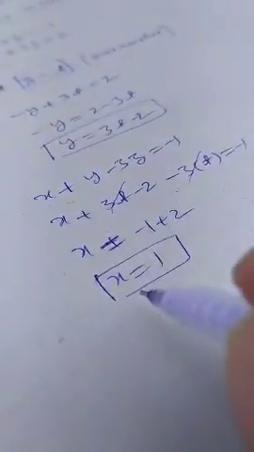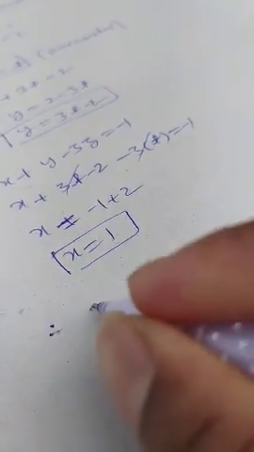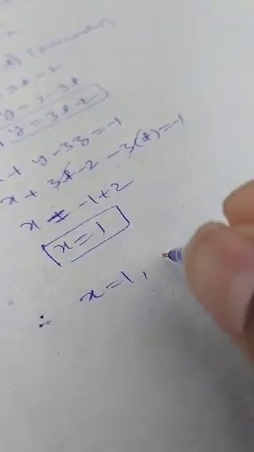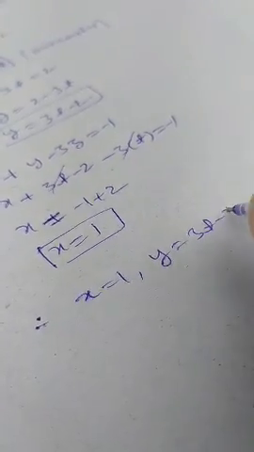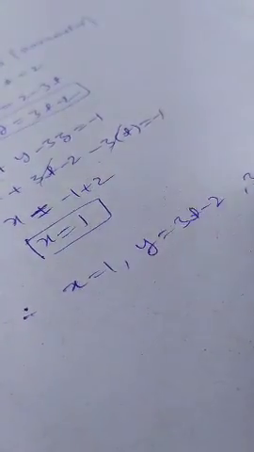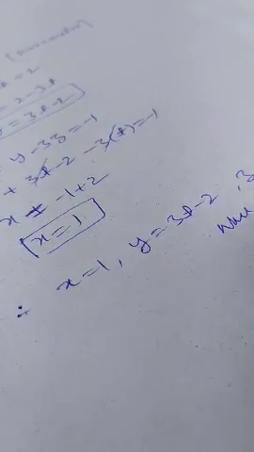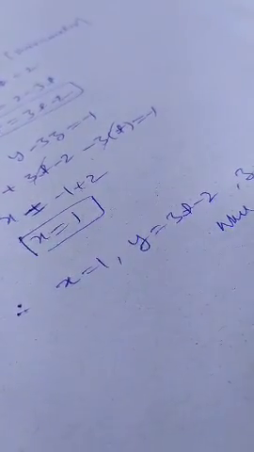Okay, it depends on t. So therefore x is 1, y is 3t minus 2, z is t, where t is a parameter.